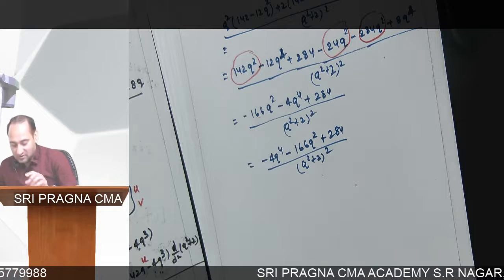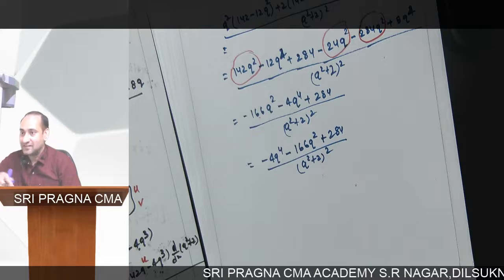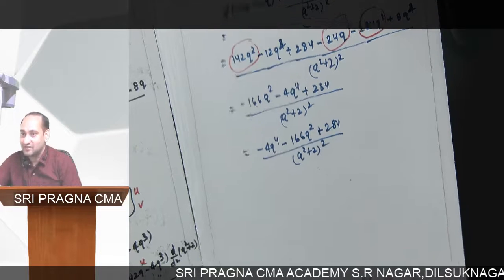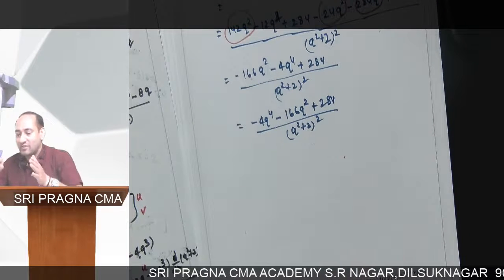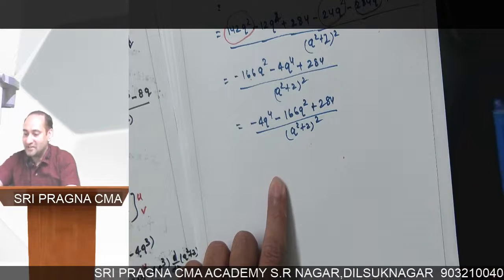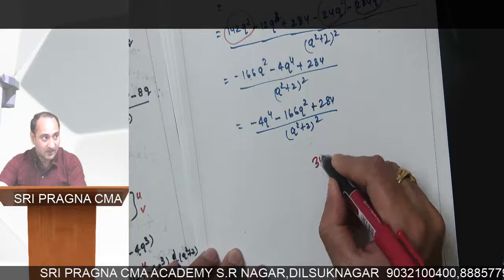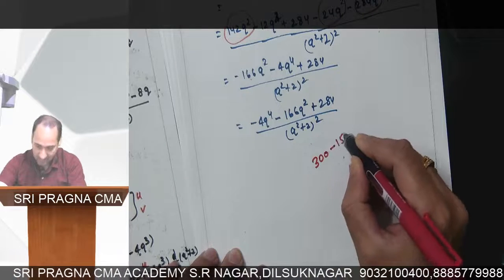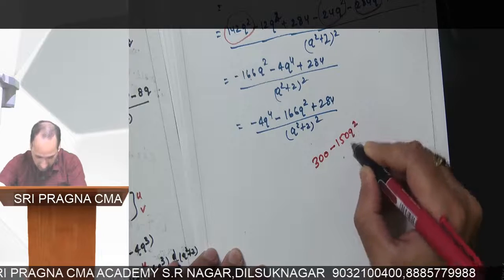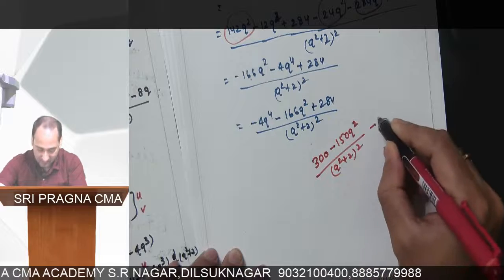So what I am going to do, I am going to take the example and let me solve from that, in order to verify whether it is matching or not. Because why I will give that key that is matching with that. Okay, so let me check their answer and we will solve it. Okay, because 300 minus 150 q square plus 2 ka whole square minus 4.